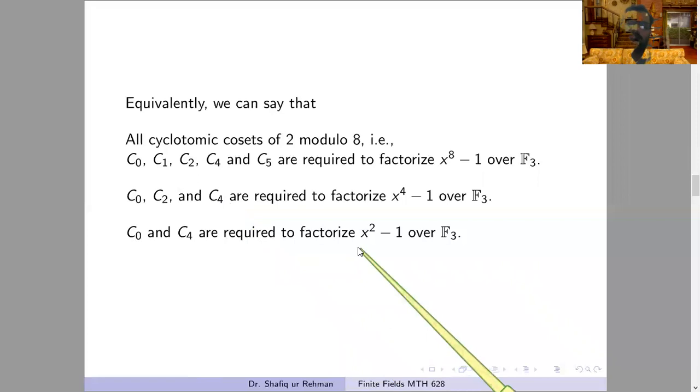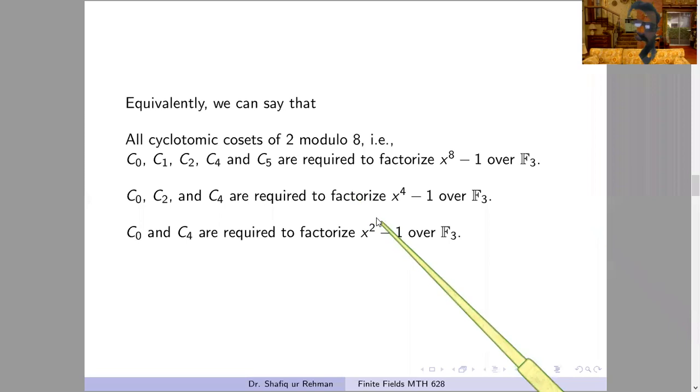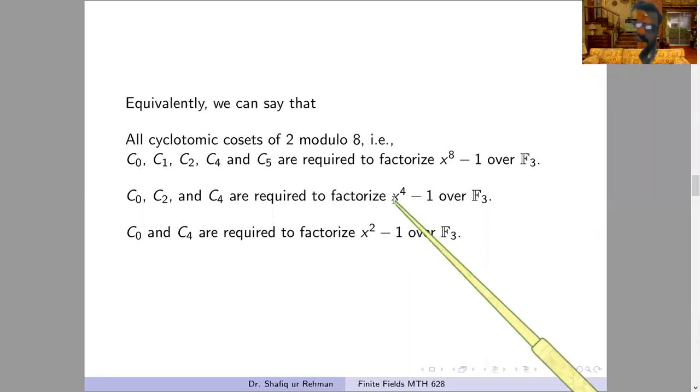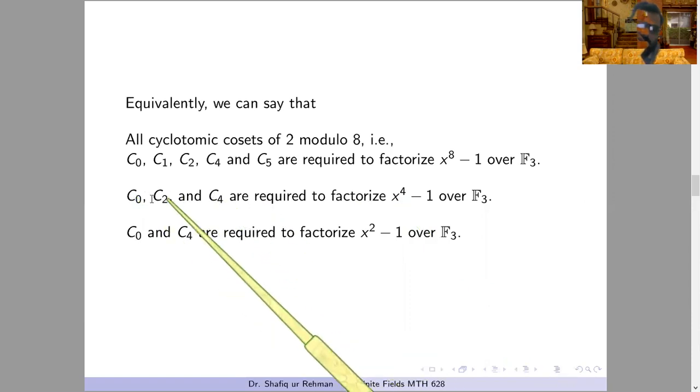And in order to factorize x square minus 1 over F3, we require C0 and C4. And so there should be some criteria, some theorem, some result which should help us in deciding these sets of cyclotomic cosets.